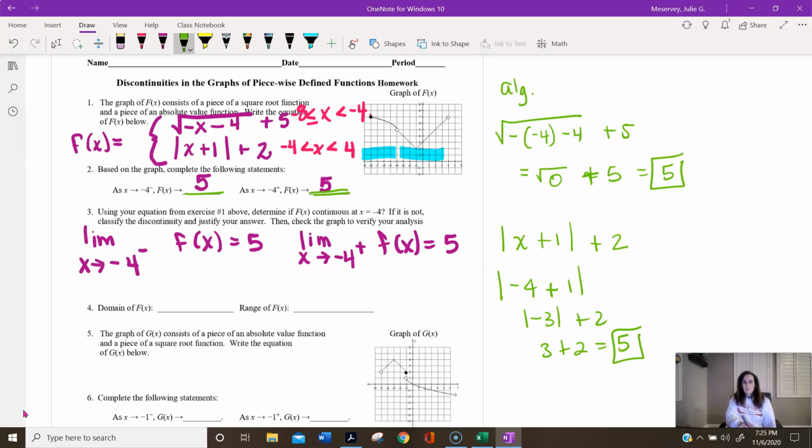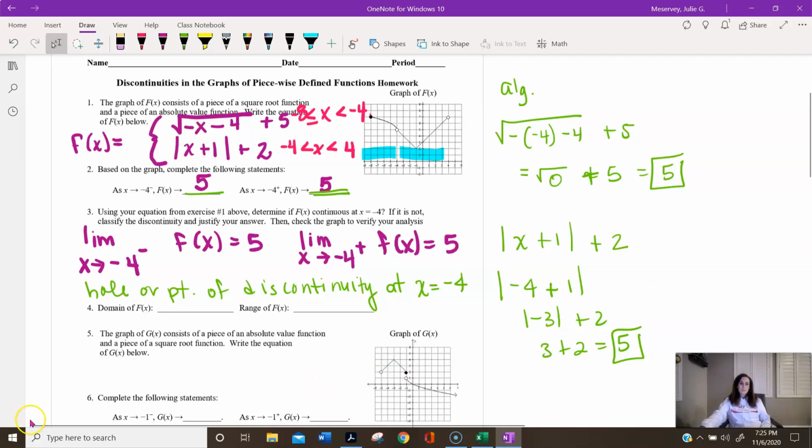Check, that equals 5. And so we know because these both were the same, there is a hole or a point of discontinuity at x equals -4. All right, the rest of these we'll end up doing in class and in groups together.